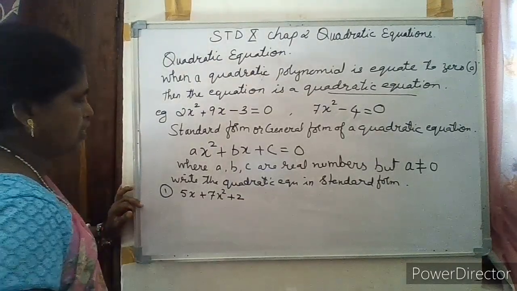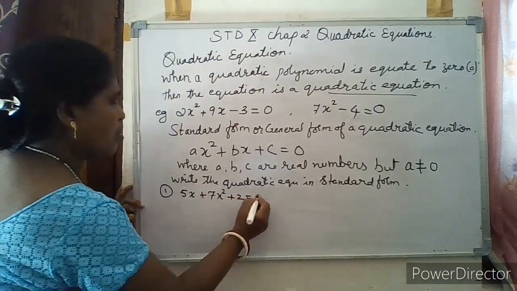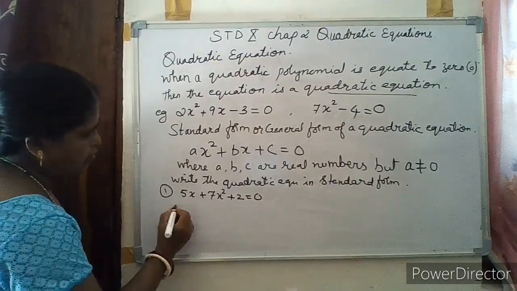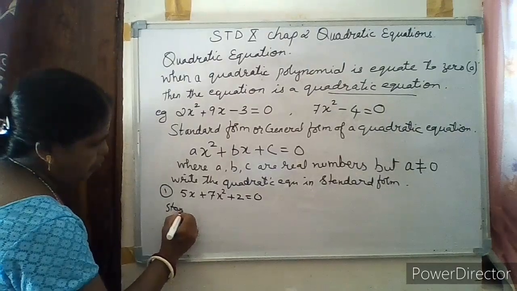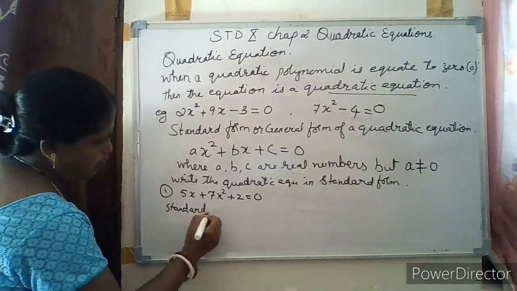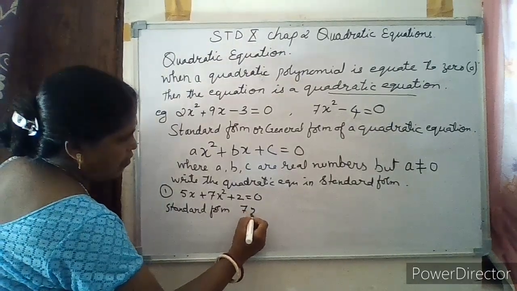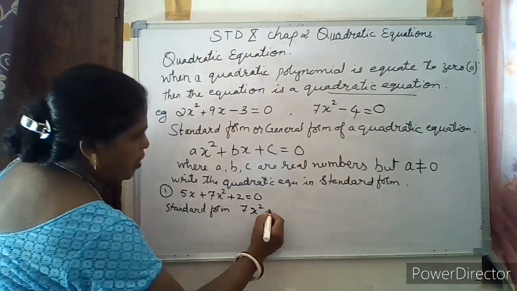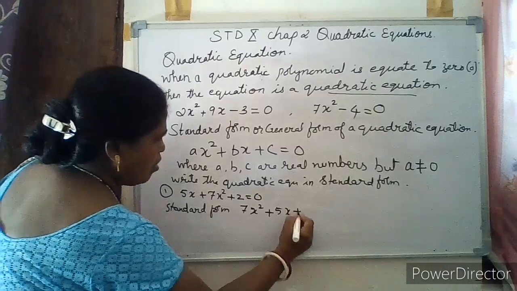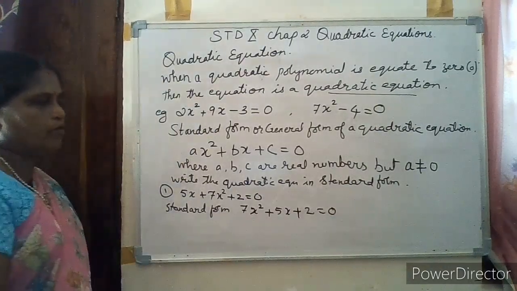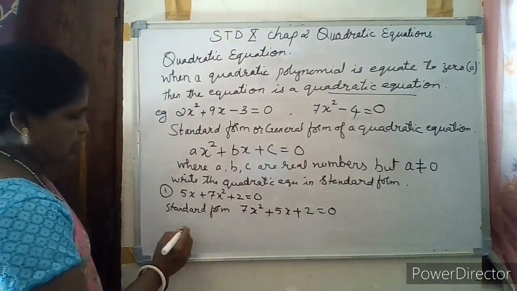This is the equation given. Now write it in the standard form. The standard form will be 7x squared plus 5x plus 2 equal to 0. This is the standard form of the quadratic equation.